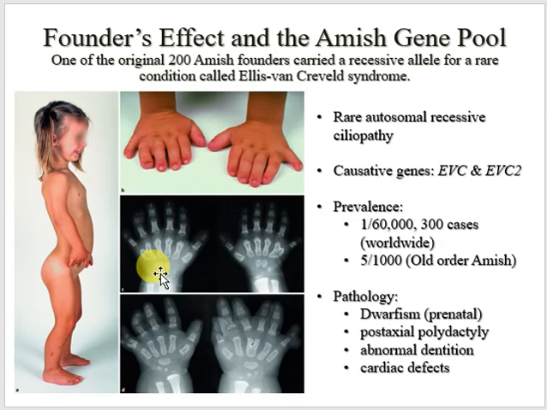You can have polydactyly, meaning there are additional fingers and or toes, abnormal development of fingernails, congenital heart defects. This occurs in over half of the patients, predominantly atrial septal defects.